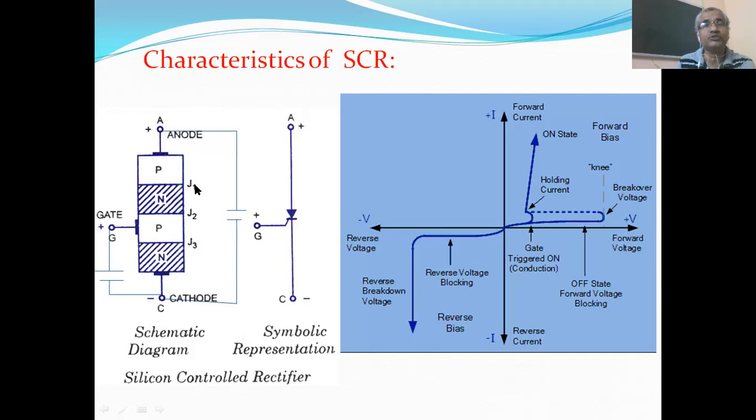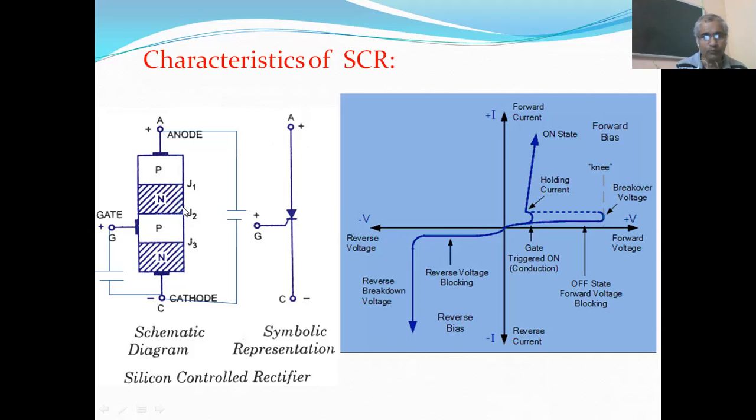Suppose J1 is open, J3 is open, but J2 is closed. So you cannot go from one end to the other because J2 is closed. Similarly, when voltage is applied between anode and cathode, J1 and J3 are forward biased, meaning they are open, but J2 is reverse biased.